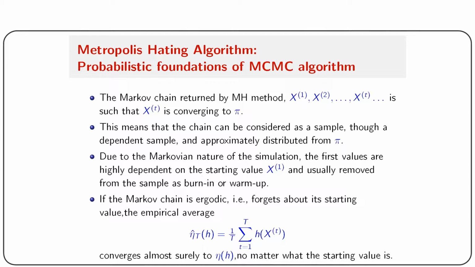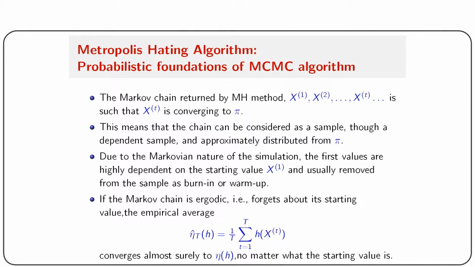This means that the chain can be considered as a dependent sample approximately distributed from pi. Due to the Markovian nature of the simulation, the first values are highly dependent on the starting value x1 and are usually removed from the sample as burn-in or warm-up.